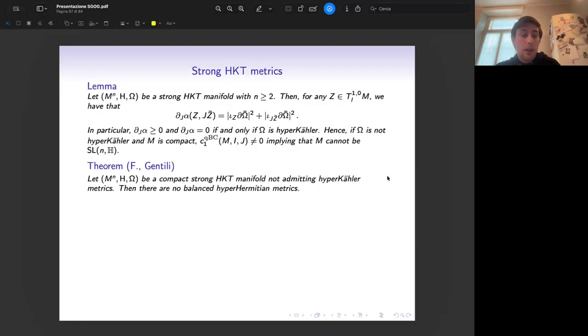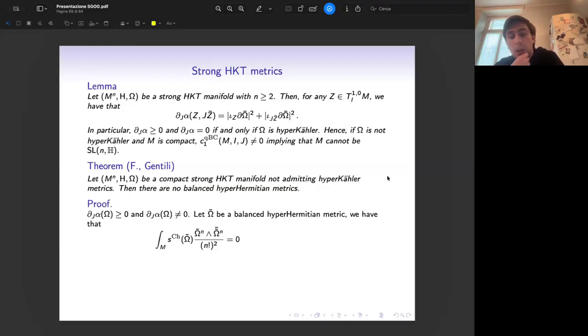Let me discuss a bit the proof, because it's quite easy actually once we have all these ingredients. By the assumption and the lemma before, we know that the ∂J of alpha of the strong HKT metric is Q semi-positive, and non-zero, because it's not hyperkähler. So assuming the existence of a balanced hyper-Hermitian metric, we can say that the total scalar curvature of such a metric is 0.